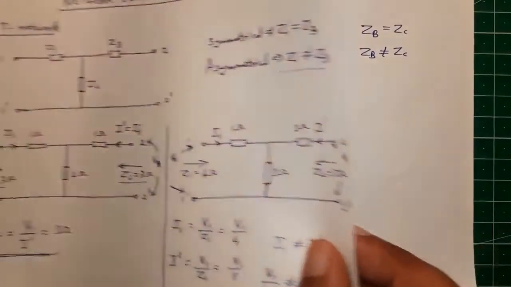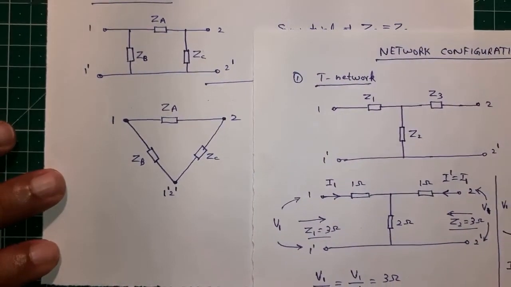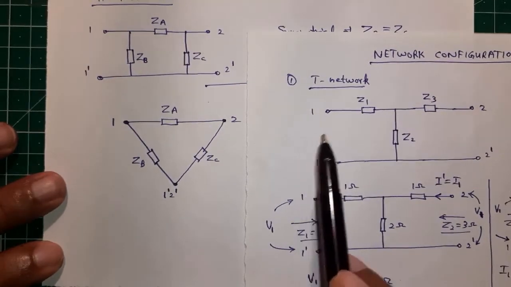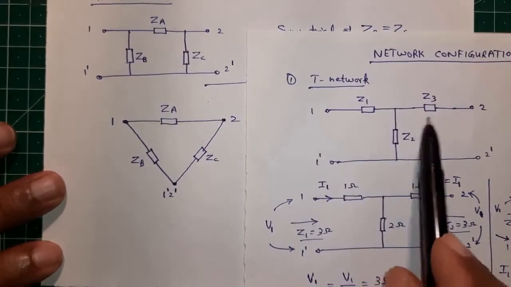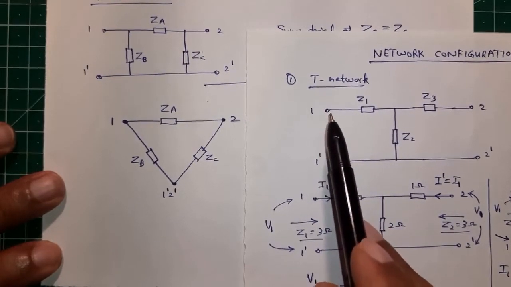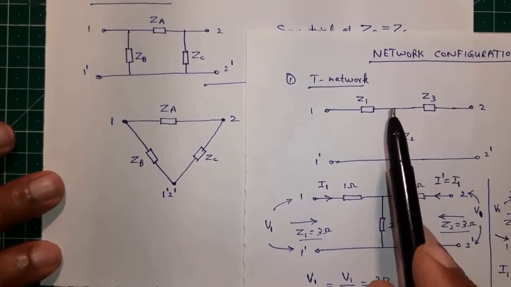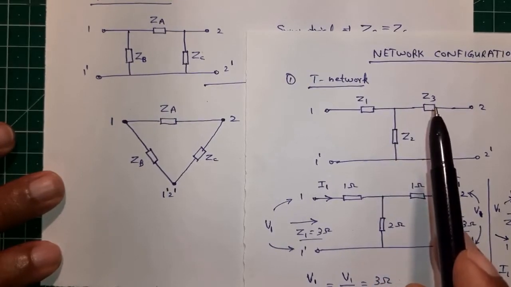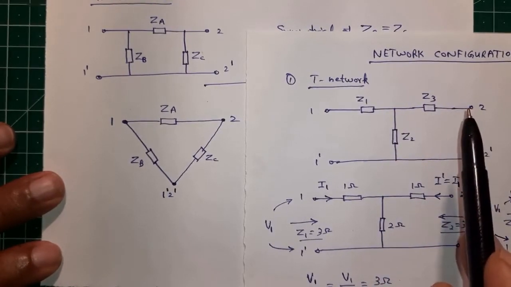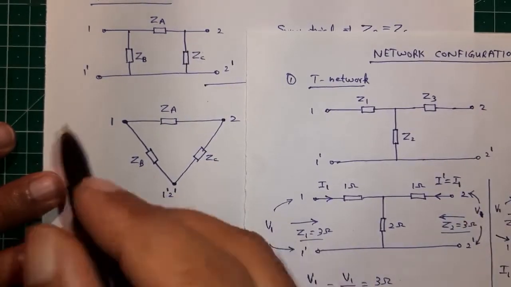Now if we take the T network and observe it, this is like a Y or a star network. So from point 1, in between Z1 and Z3 we have an intermediate point, and Z3 is terminated at terminal 2.